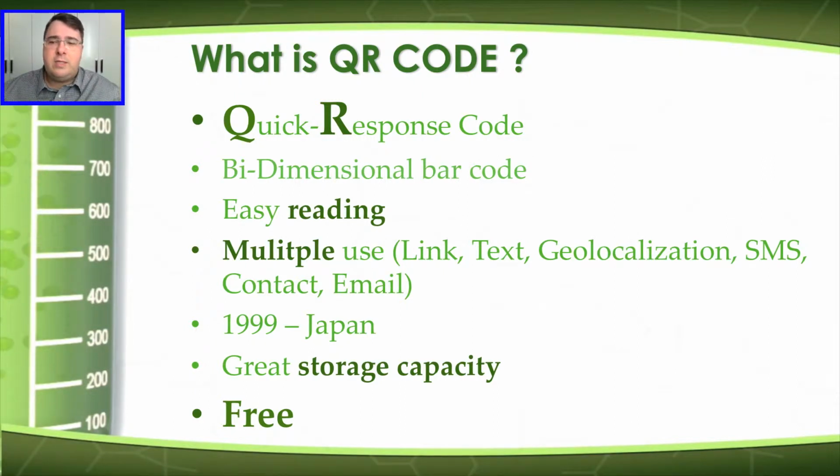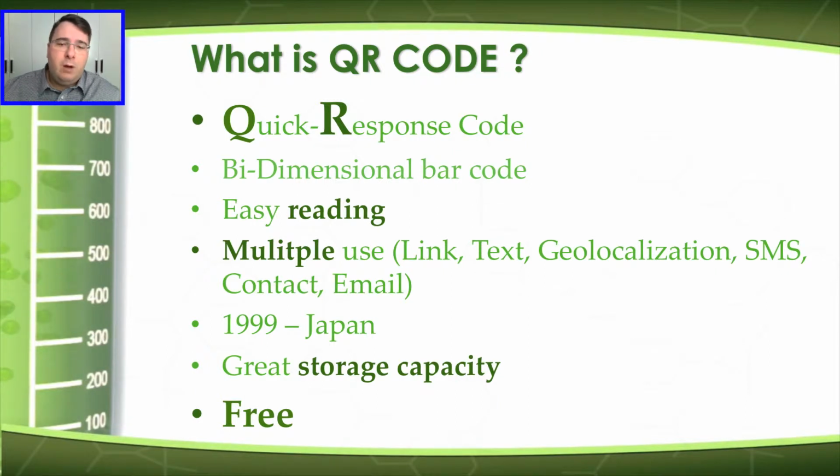The QR code was developed in 1999 in Japan by a Japanese automaker. It has a great storage capacity, and the most important thing, it's free to use. Everybody can make a QR code.